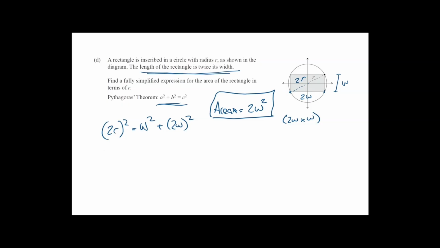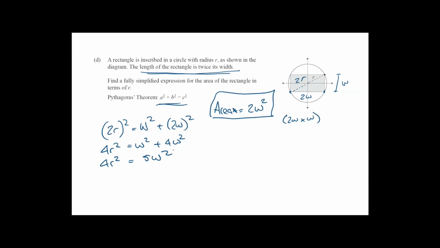So 2 squared is 4, r squared is going to be equal to w squared plus 4w squared. Okay, let's collect up those w's. 5w squared.